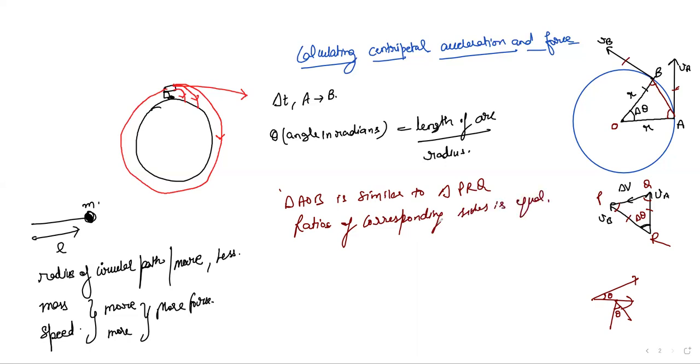Similar means only angles are the same and lengths may be different. If all three angles of the triangles are the same, their sides may be different, but we still call those triangles similar. Similar means they differ in ratio. Let's say you get your photo clicked, passport size or postcard size.